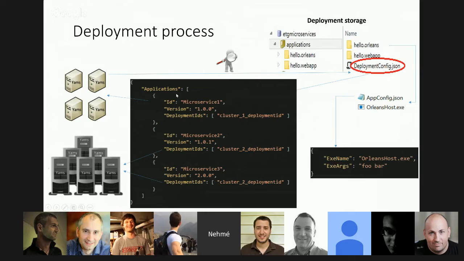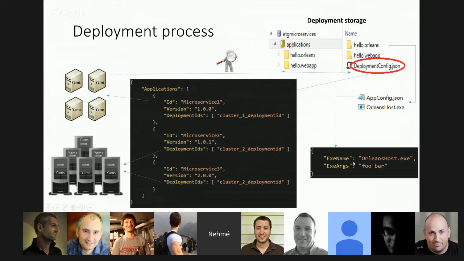One thing, YAMS needs to know how to start your process. So it gets the binaries from your application folder, and it reads the app config. It expects an appconfig.json file that explains to YAMS how to start that process.